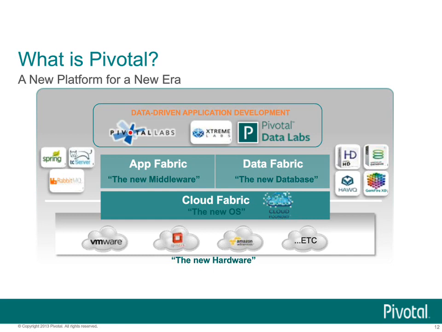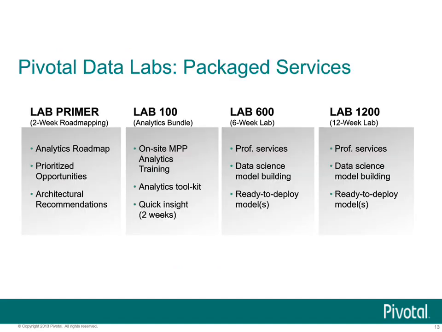It is a group of data scientists and data engineers who help customers derive value from data that is stored on the Pivotal stack. So in order to help our customers, we have multiple packaged services ranging from a 2-week lab primer to an in-depth 12-week data science lab.